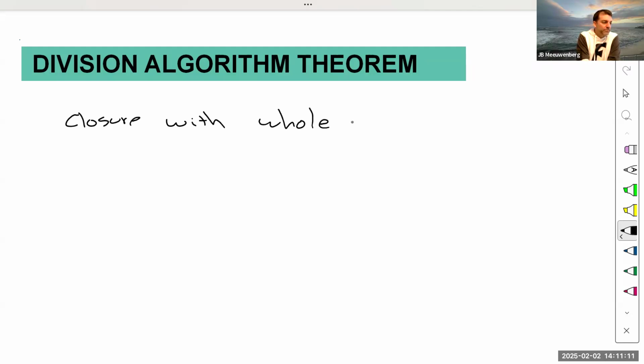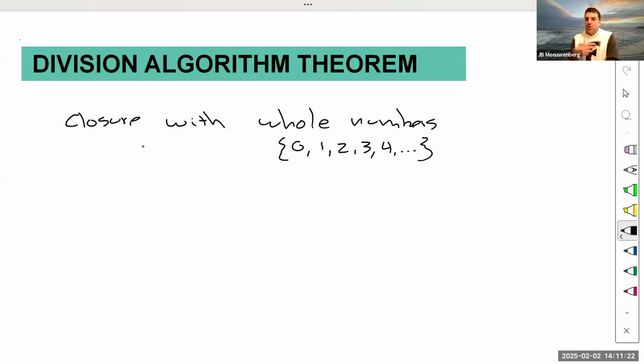And just to remind you, whole numbers are starting at 0, 1, 2, 3, 4, etc. Closure means when you start with a number from that set and you do the operation, you end with a number also in that set.